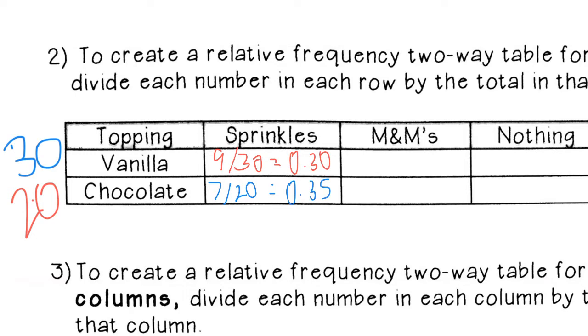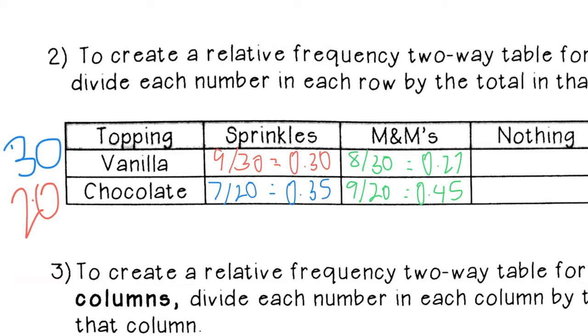You had 8 divided by 30, which is 0.27. And you had 9 divided by 20, which gives us 0.45. So all I'm doing is I'm taking the value that was from the example, the two-way table from example 1, and I'm dividing that input by the total numbers.